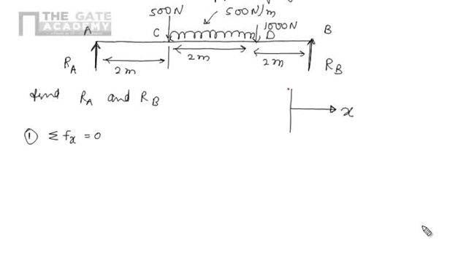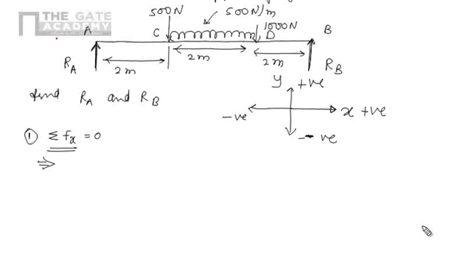According to our sign convention, positive x is positive, negative x is negative, positive y is positive, and negative y is negative. So if we apply condition number 1, the algebraic summation of all the forces about the x-axis or horizontal will be 0.